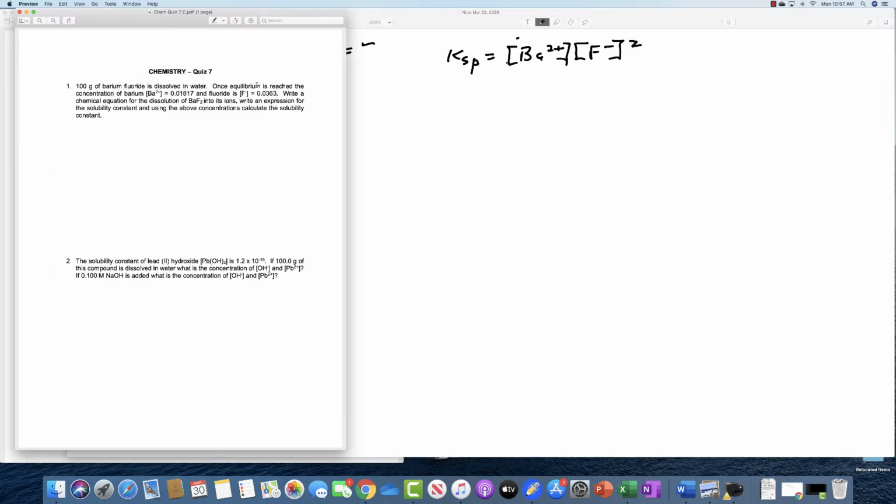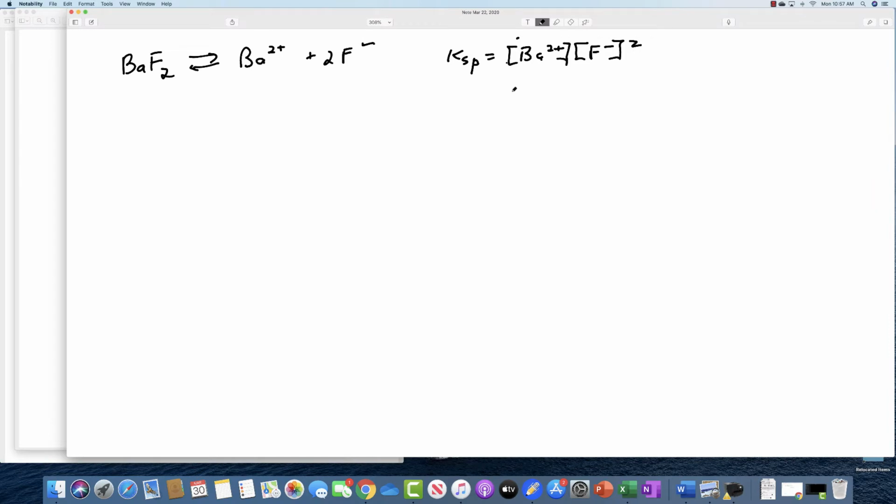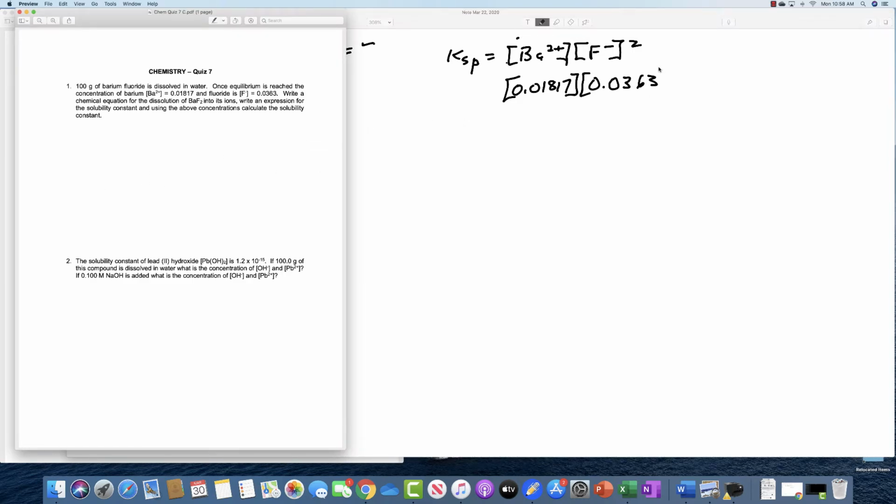Now from here we get that the concentration of barium is 0.01817, and fluorine is 0.0363. Make sure I got that right. Yeah, okay.